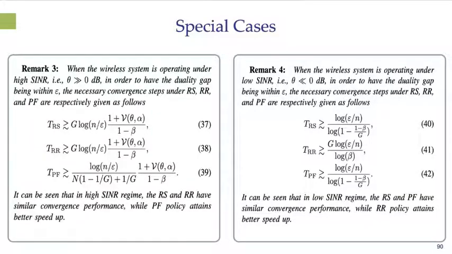If we have a high SINR threshold, which means basically a lower quality code, so this is a more challenging situation, we can approximate the three lower bounds in this way.